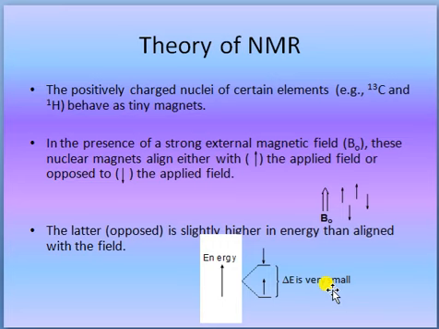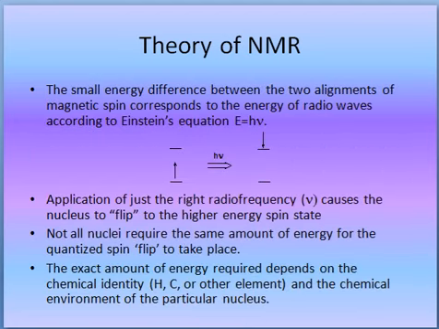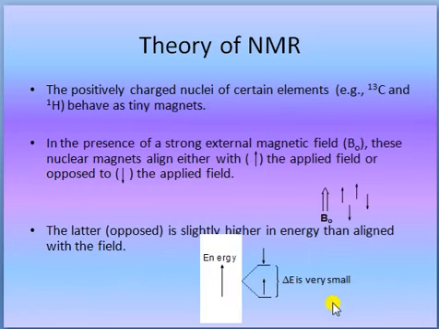Radio frequency has a wavelength of the order of meters, so very little energy. One more thing: this state is called the alpha state and this is called the beta state.